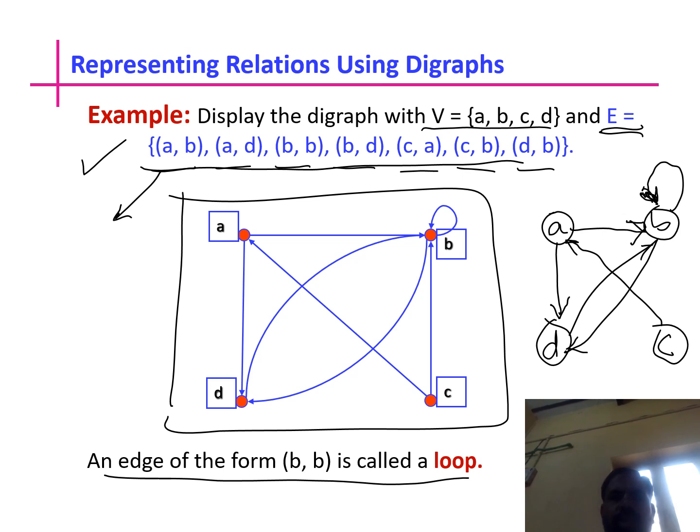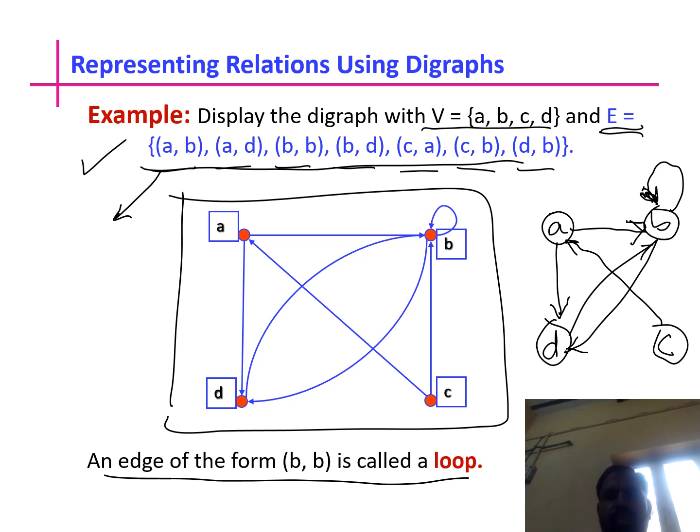Here is an example of the representation of a graph. Display the digraph with V equal to A, B, C, and D, and E the set of ordered pairs of V by itself: AB, AD, BB, BD, CA, CD, and BD.